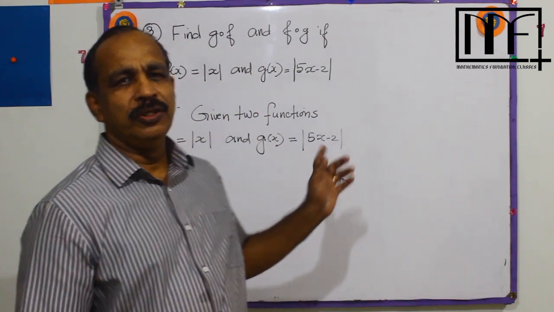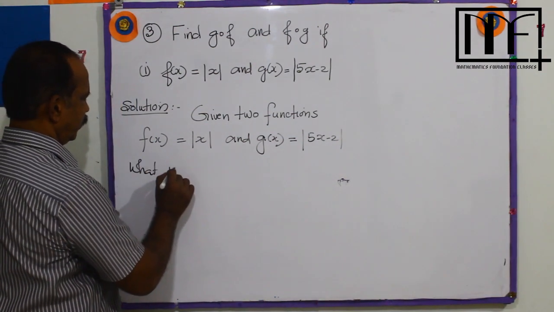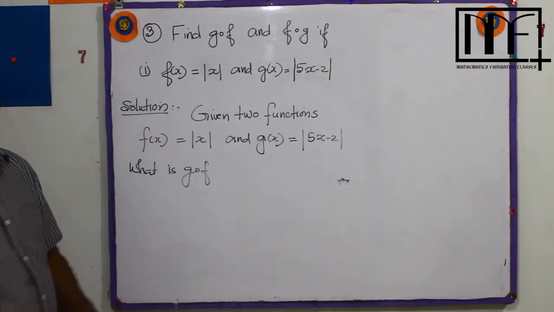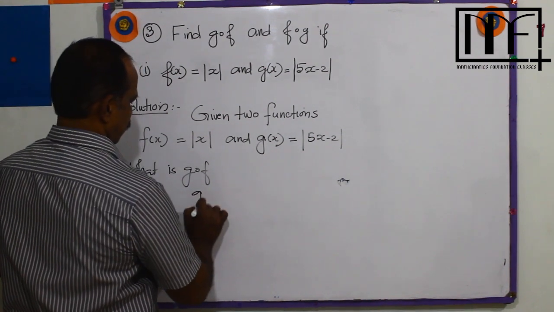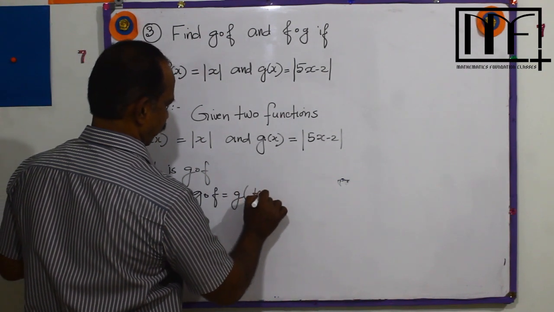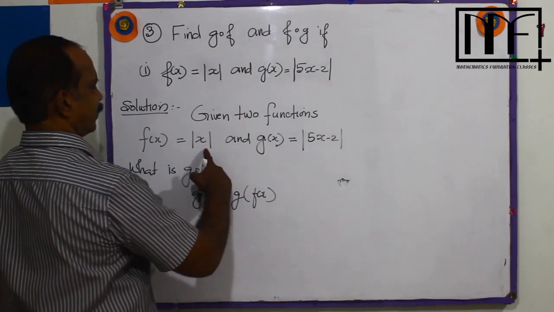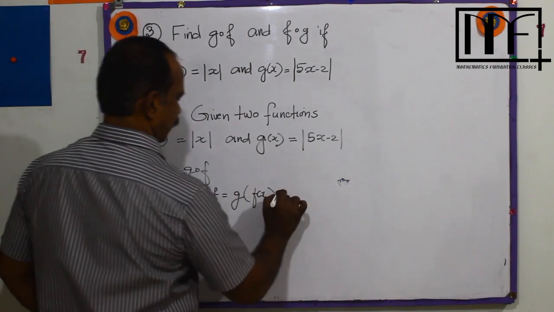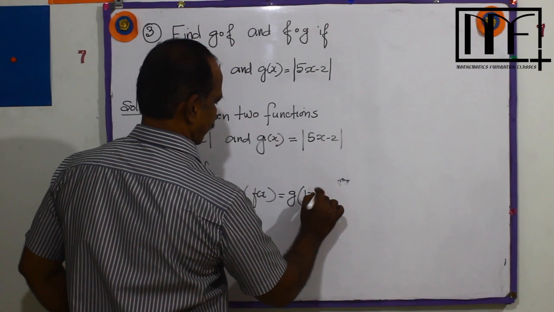So what is g of f? g of f is g of f of x, g of the function f of x. Here f of x is modulus x, so in place of f of x we replace modulus x, that is g of modulus x.